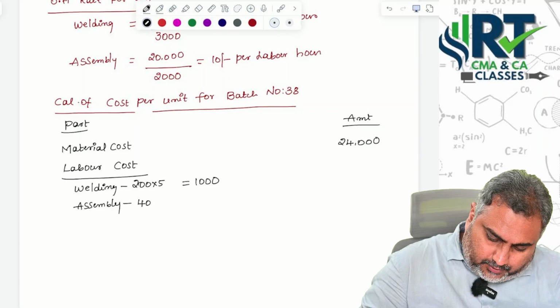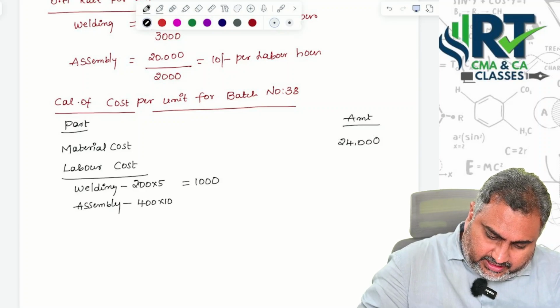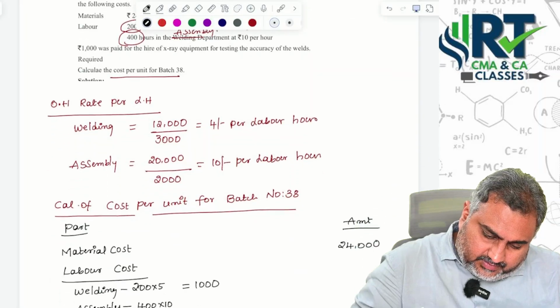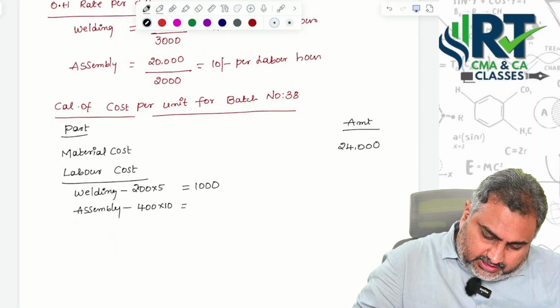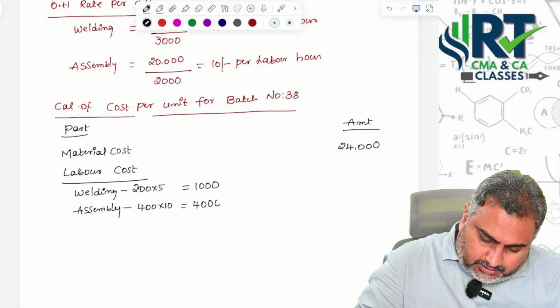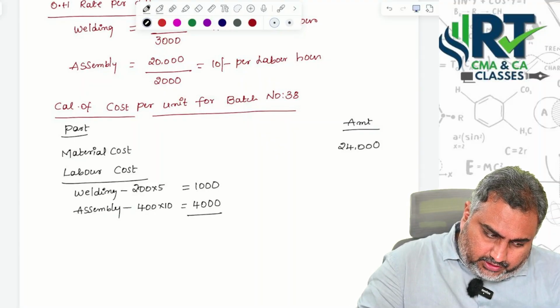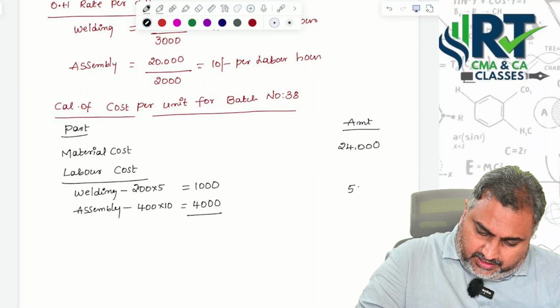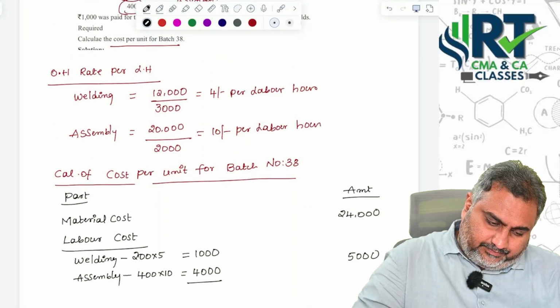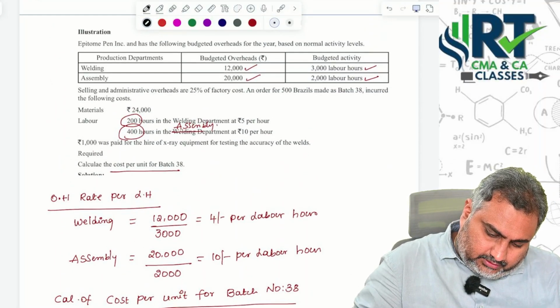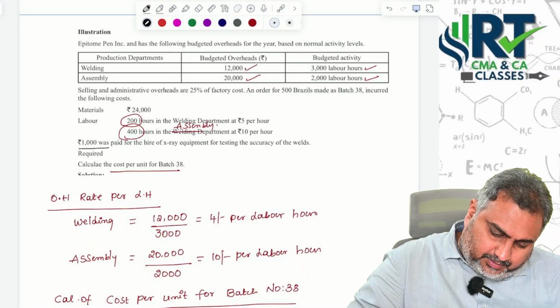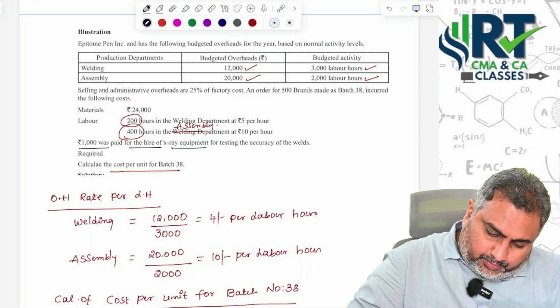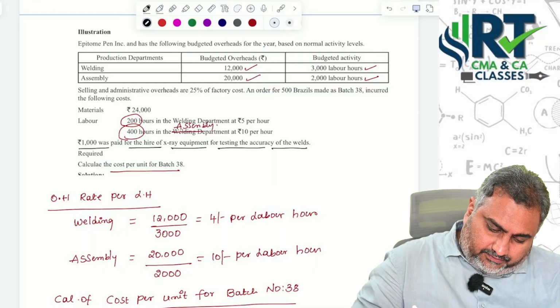Assembly: 400 into 10, that is equal to 4000 rupees. Total labor cost is 5000. In addition to that, 1000 was paid for hire of X-ray equipment for testing the accuracy of welds.